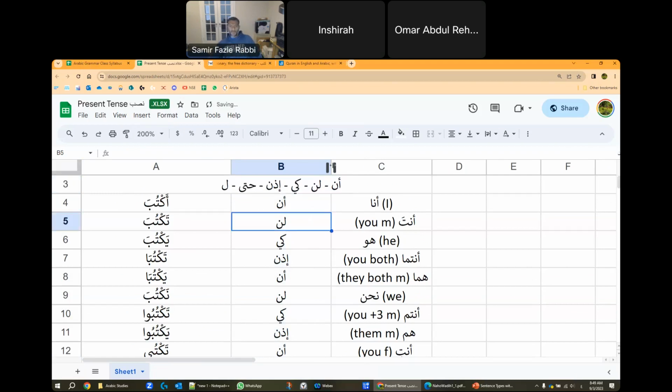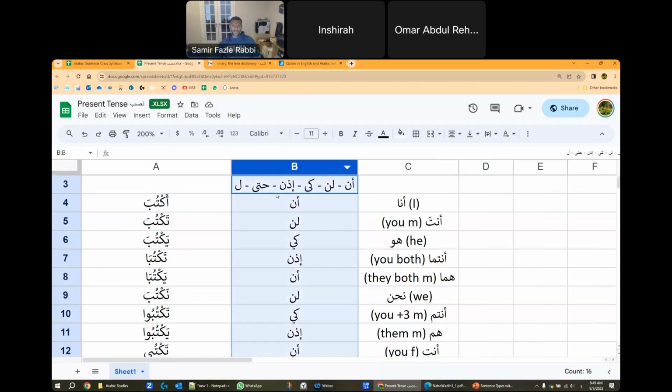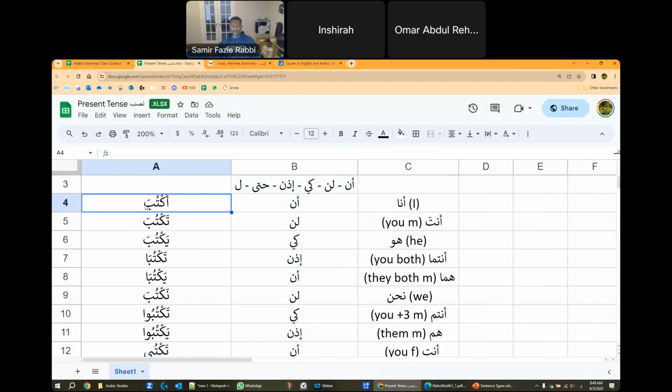So we'll do this guy right here. It could be an aktuba, lan aktuba, kay aktuba, idan aktuba, hatta aktuba, li aktuba. If I didn't have any of these, lan, kay, idan, hatta, and the lam, it would be aktubu.